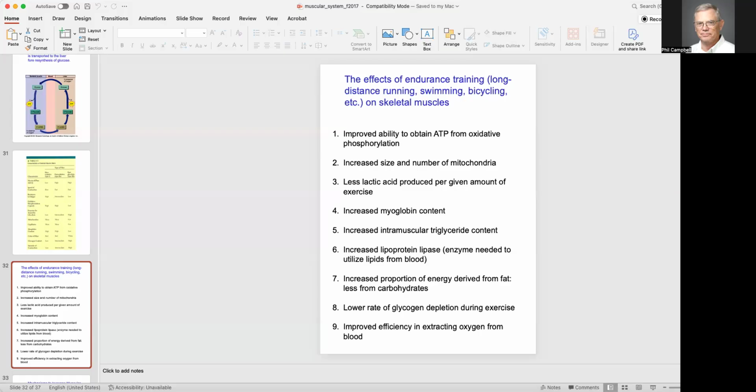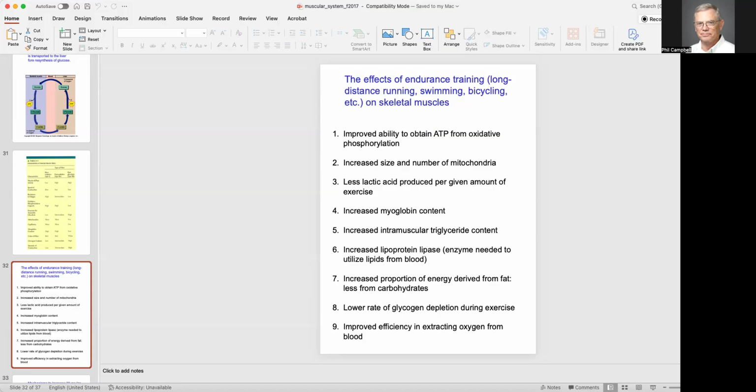That means that in training you have more mitochondria and more capacity. That means there's going to be less lactic acid buildup because the pyruvic acid is going into oxidative phosphorylation. It's not building up. Your myoglobin content is going to increase because this is storing more oxygen within those cells.